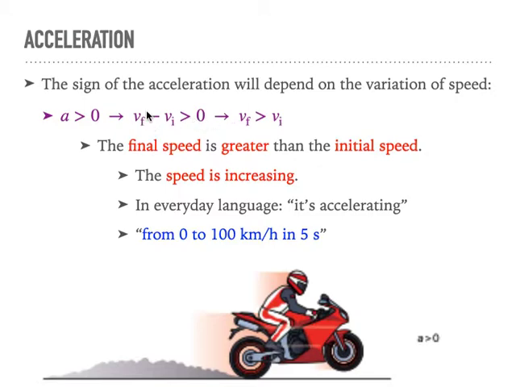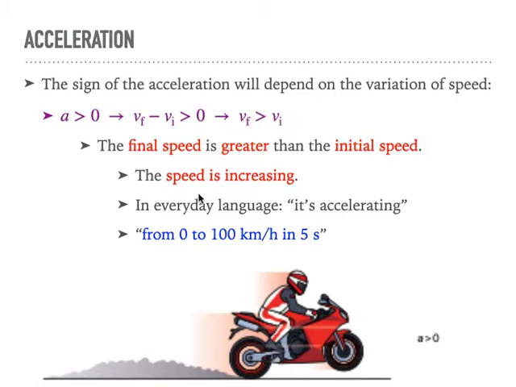And that means that this velocity is bigger than this one, because if we do this calculation and this has to be positive, it means that the first term has to be greater. So that's what it means. The final velocity is greater than the initial velocity. That's why when you subtract them, you have a number larger than zero. Again, the final speed is greater than the initial speed.